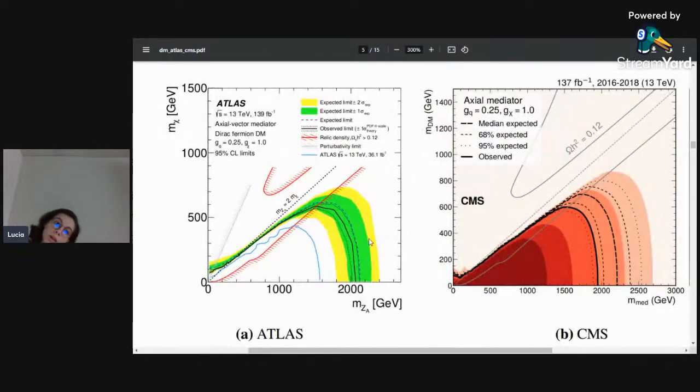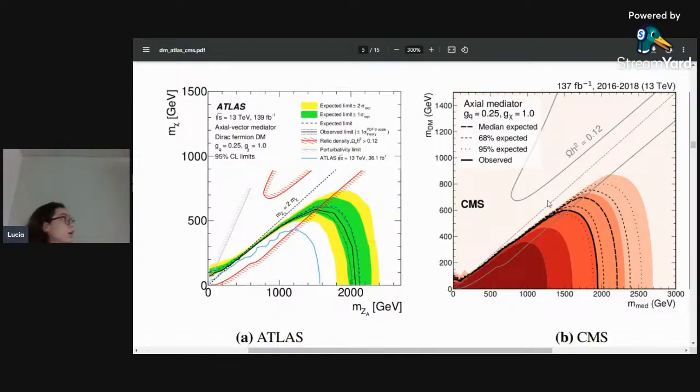So with ATLAS and CMS, we can constrain in the 95% band up to basically 2000 GeV for both of them. Of course, considering fixed couplings as well.